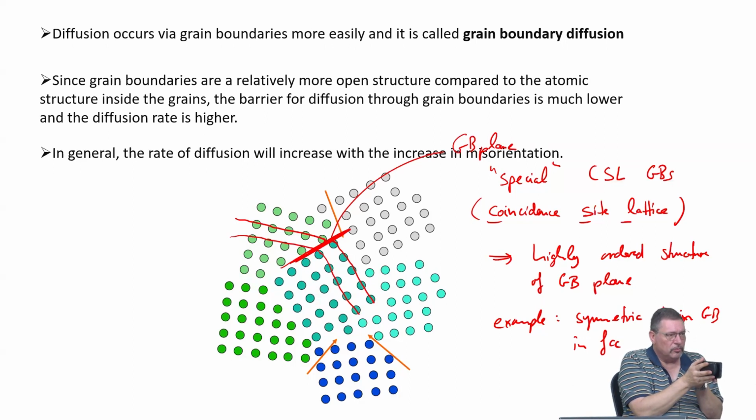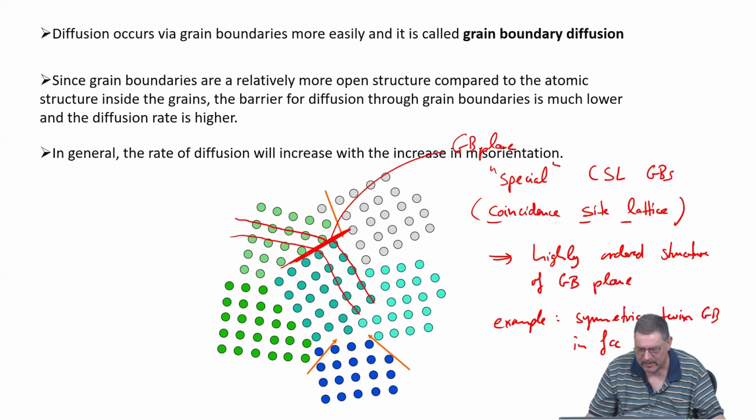If I now do a tilt grain boundary, so I have a tilt axis here and I tilt them, the misorientation gets larger and larger. The larger the misorientation gets, the larger the diffusivity in general along this boundary plane, except for these highly symmetric positions where I again have a special CSL boundary like a twin boundary. That's the concept.